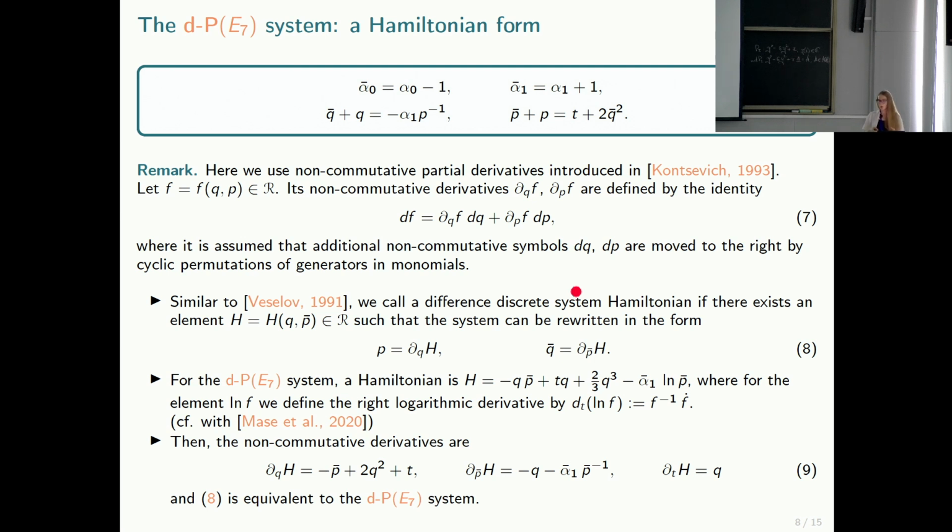We know that in the commutative case, we can study Lagrangian or Hamiltonian formalisms for discrete systems. Here is a very nice review by Veselov. Similarly, we can define a discrete difference system of Hamiltonian type as follows. If there exists an element H that depends on the variables Q and P bar from our ring, and if the given system can be rewritten in the form 8, we call this system Hamiltonian.